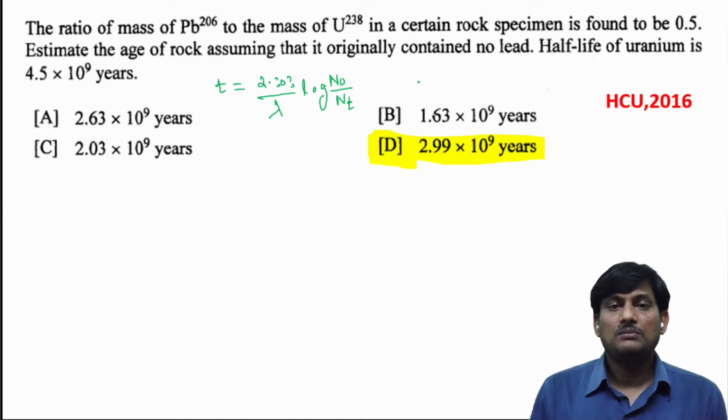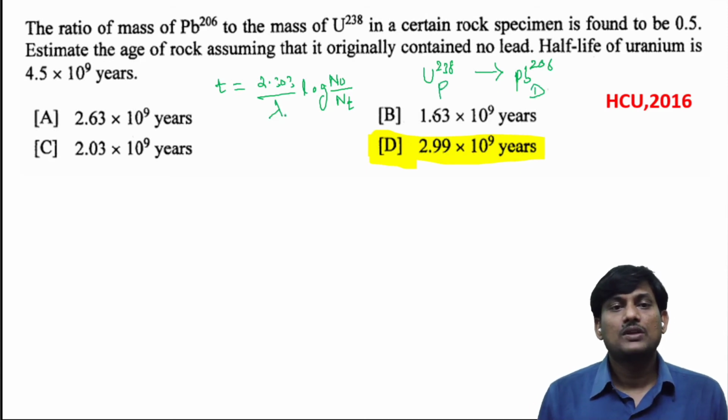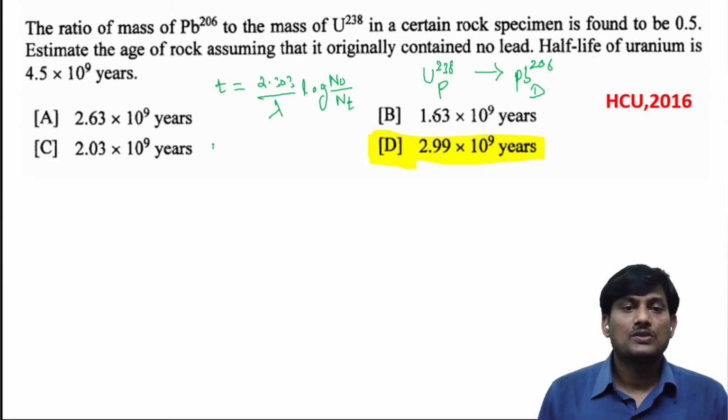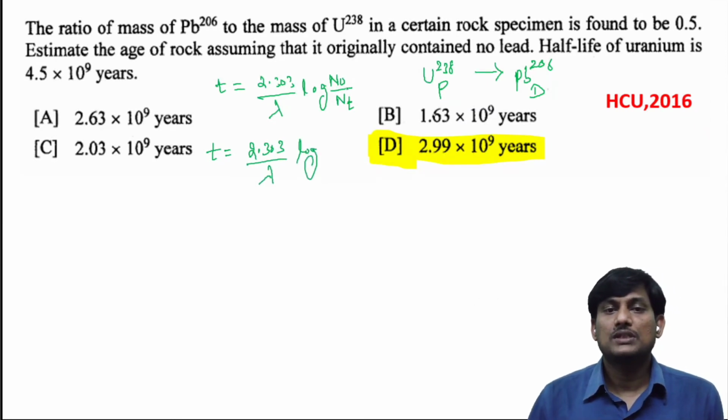In this problem, uranium-238 is disintegrated into lead-206. This is the parent nuclei. This is the daughter nuclei. This equation can be written in terms of the number of parent nuclei and the daughter nuclei at time t. So t = 2.303 / λ log of the initial number of nuclei.